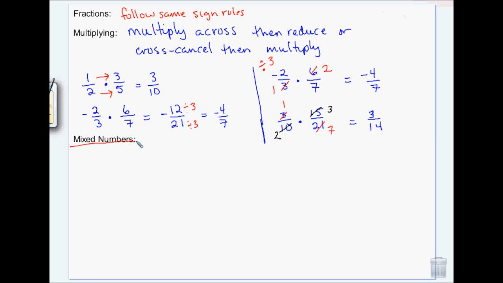Important thing here, ready? You cannot multiply mixed numbers.